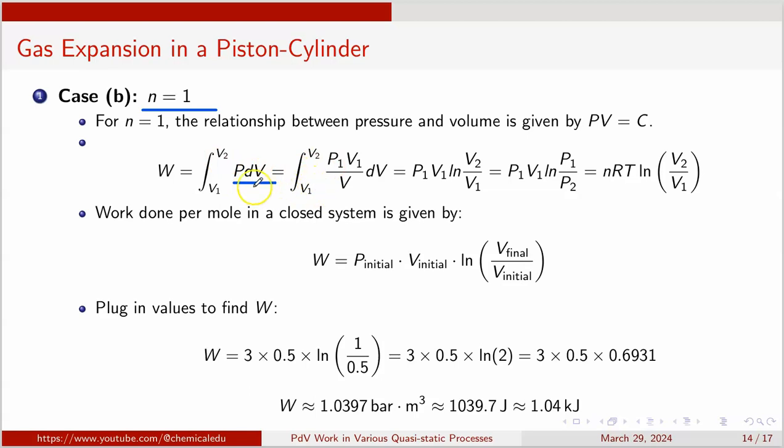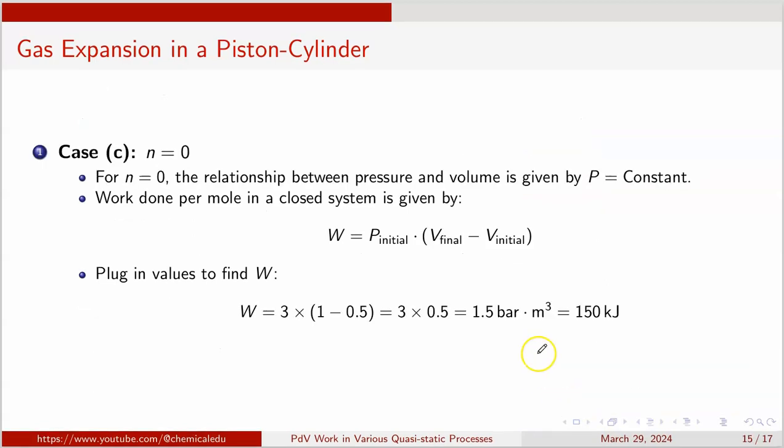We can change P, so that is P1 V1 by V. So we'll get P1 V1 ln V2 by V1, which is also nRT ln V2 by V1. Everything we have, so we have to calculate the W. If I plug in, W will be 1.04 kilojoule.